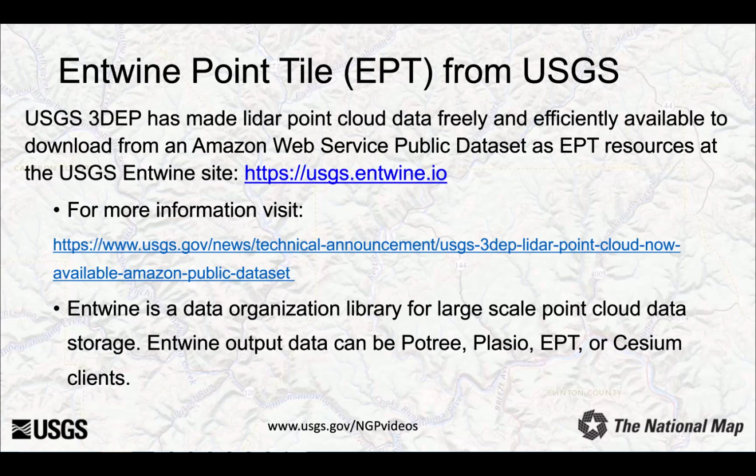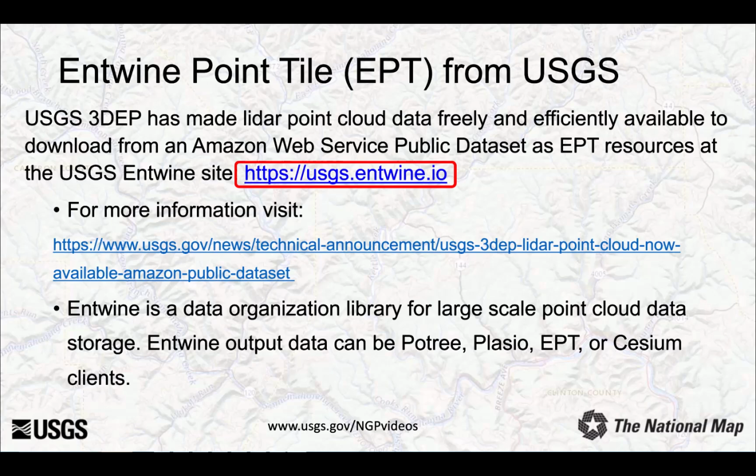The USGS has created a 3DEP LIDAR point cloud repository at a USGS Entwine site located at usgs.entwine.io. This site uses an Amazon Web Service public dataset program to organize point cloud data as EPT resources.